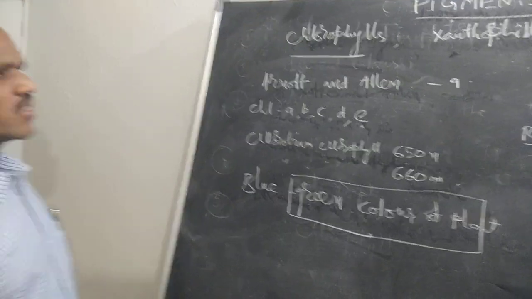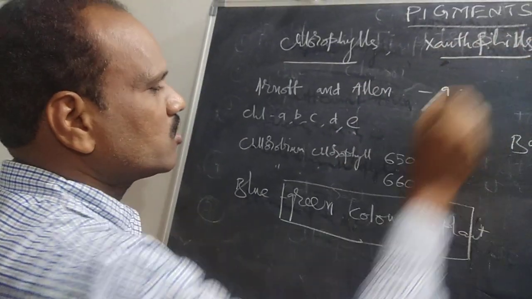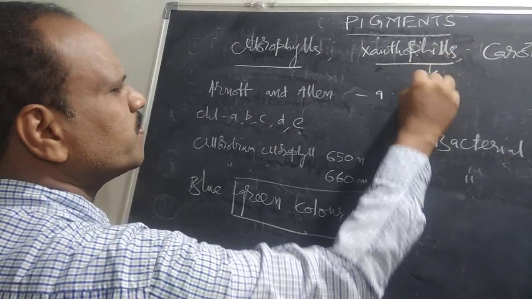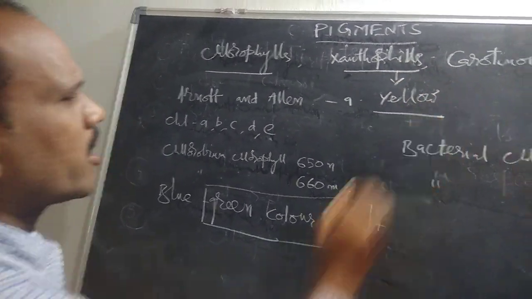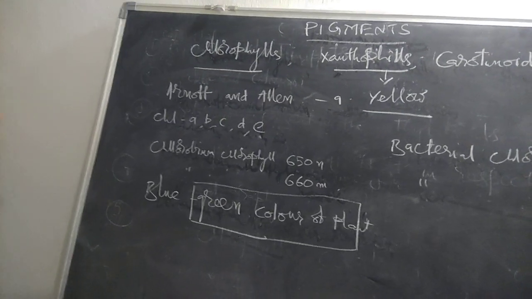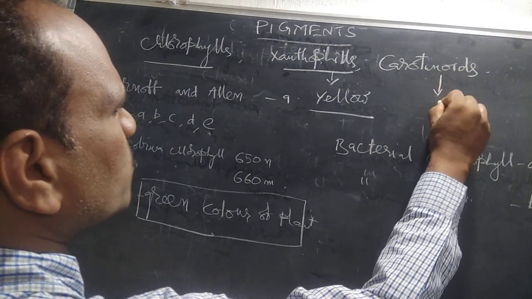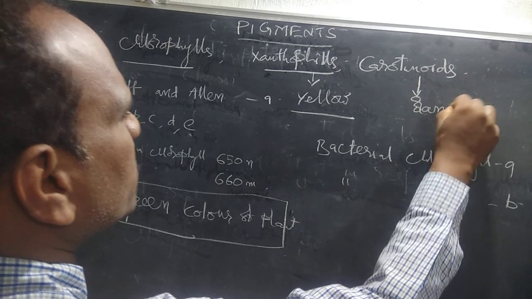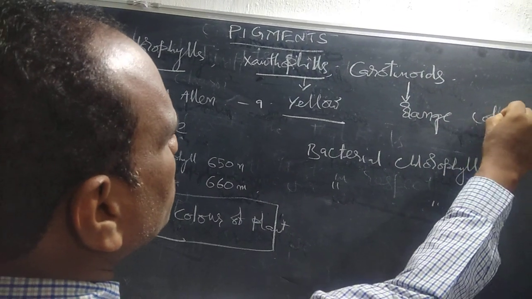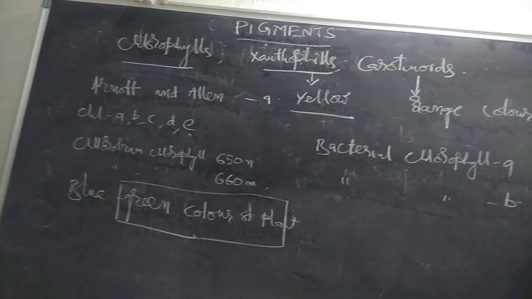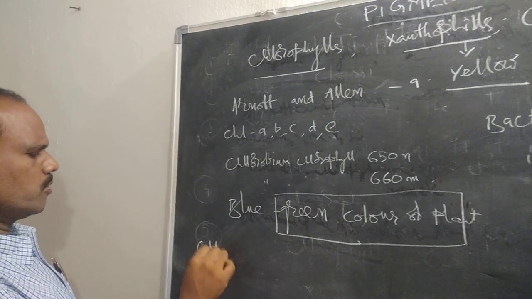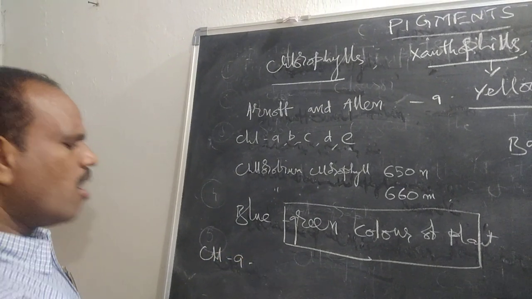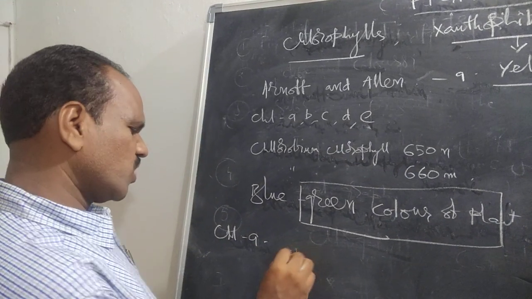The xanthophylls are responsible for the yellow color of the pigment, and carotenoids are responsible for the orange color of the pigment. Among these chlorophylls, chlorophyll A mainly participates in photosynthesis.